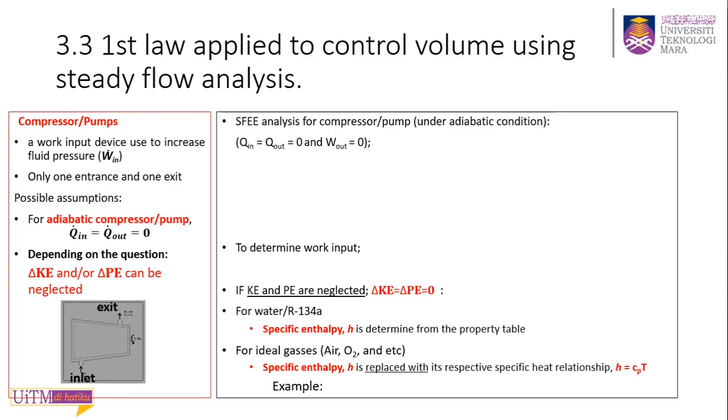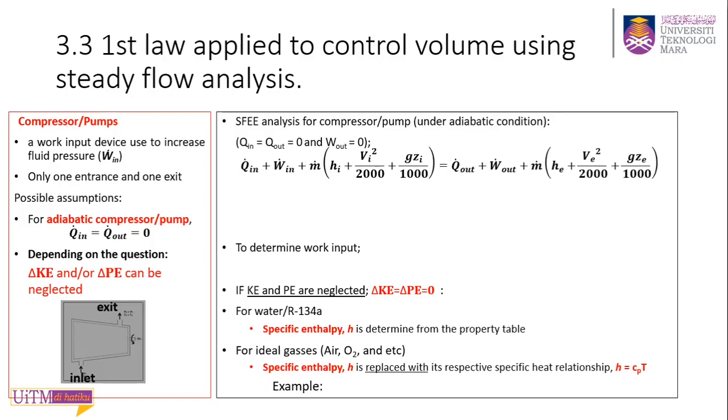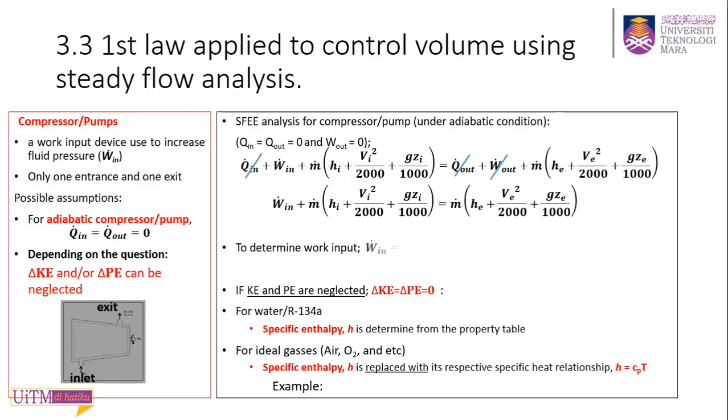Start with writing the general equation for SFEE, then cancel the terms based on the conditions given. Rewrite the remaining equation, and to determine work input, we can rearrange the equation as follows. Now, if kinetic and potential energies can be neglected, then the equation can be reduced to as follows.